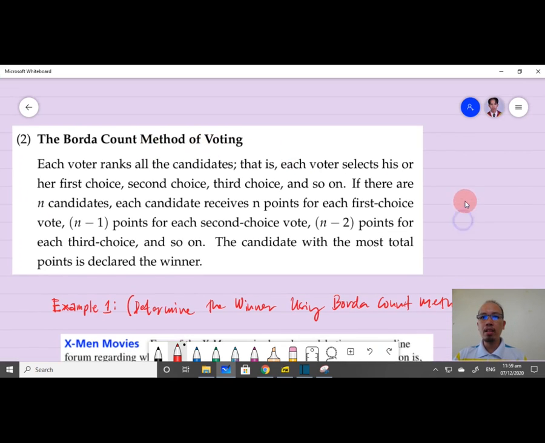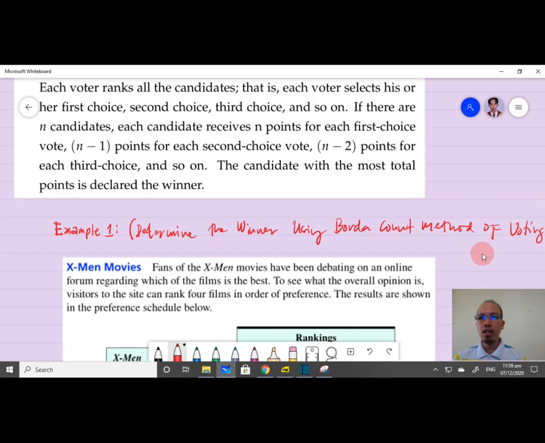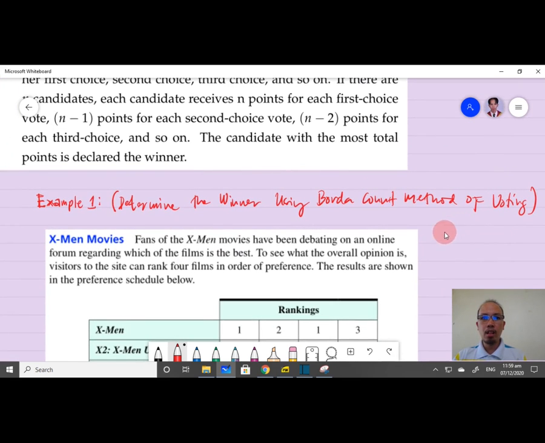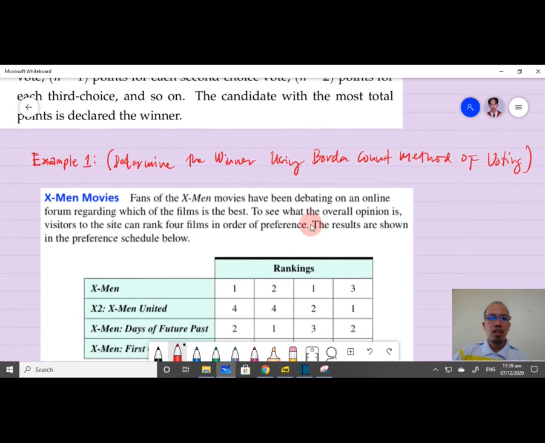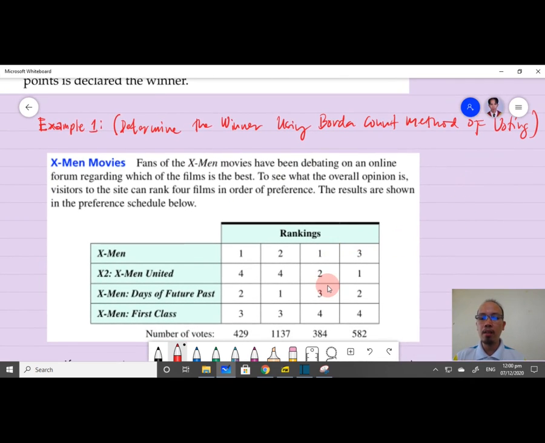So let's have an example here for illustration. The same example as in example number 1 in the plurality method of voting. Here we will use Borda count. Let's see if we have the same winner.